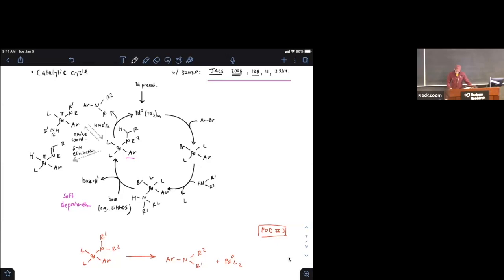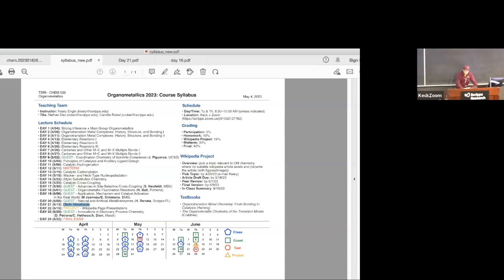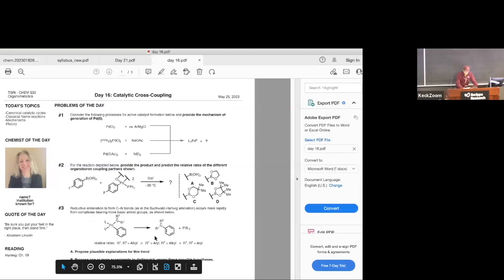Okay, let's take a look then at problem of the day number 3 from last time. If you don't have that worksheet handy. So let's take a look at this key productive C-N reductive elimination step. I'll just read this.